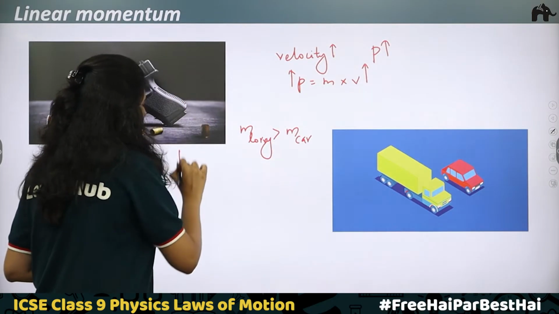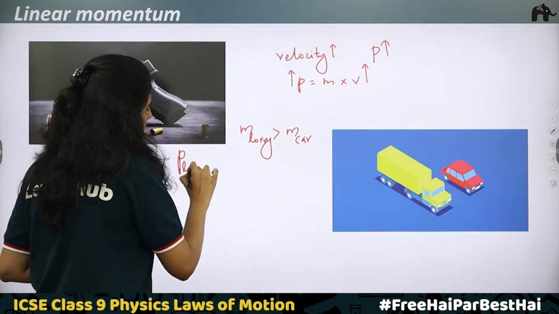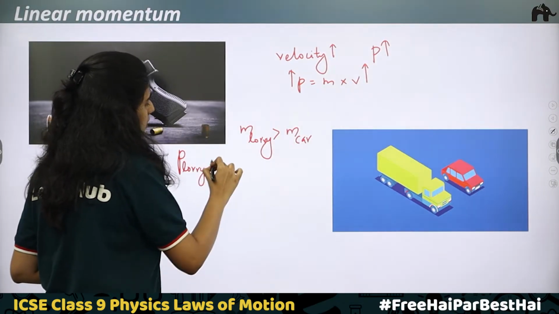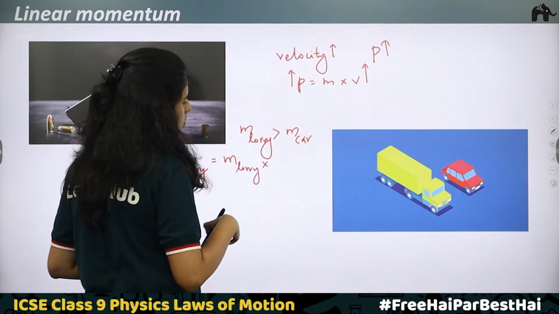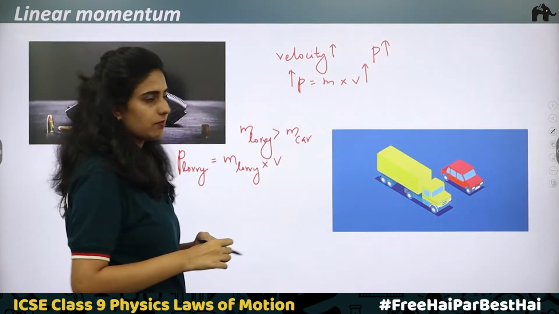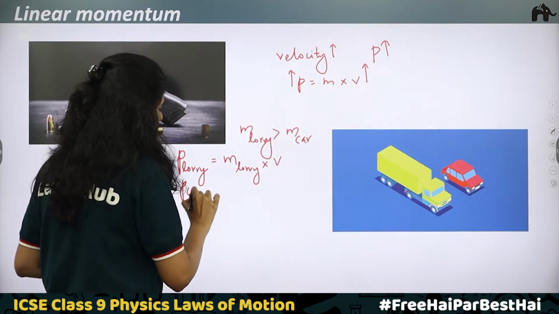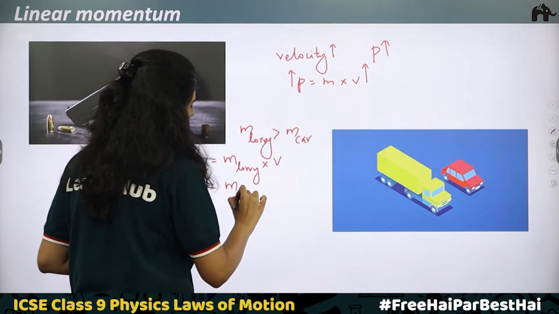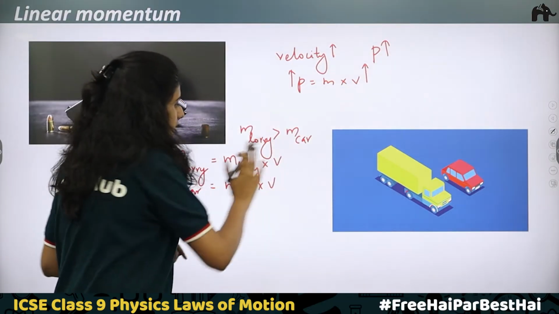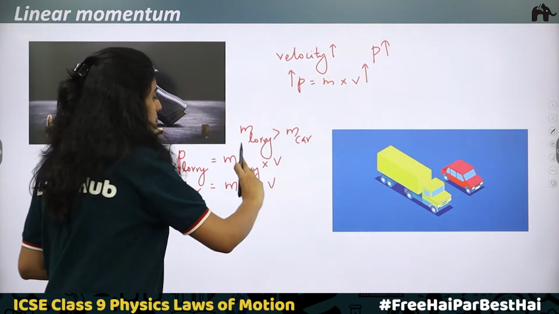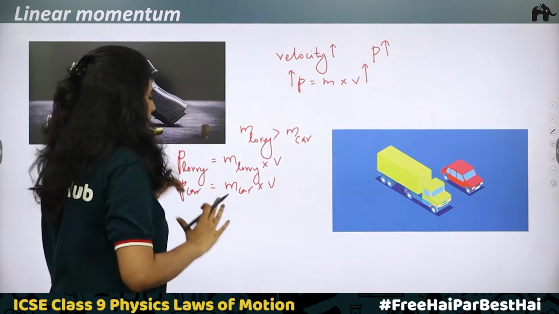So what is the momentum of the lorry? Momentum of lorry is equal to mass of lorry into velocity. And momentum of car is equal to mass of car into velocity. So velocity is the same, but when mass increases, the momentum will increase.